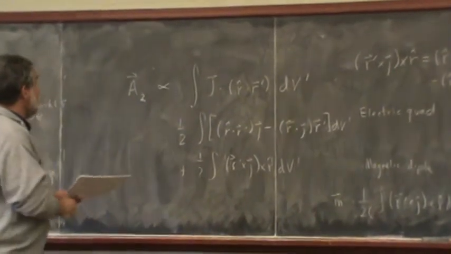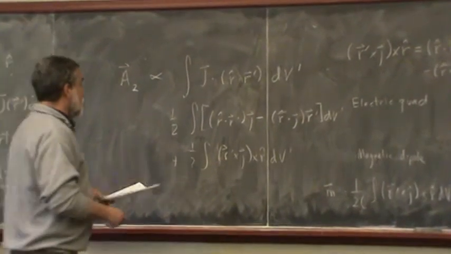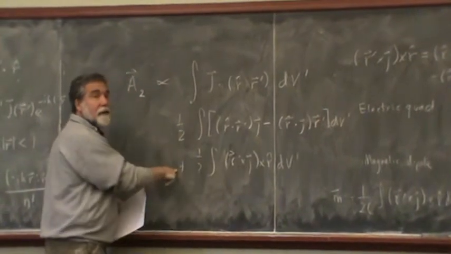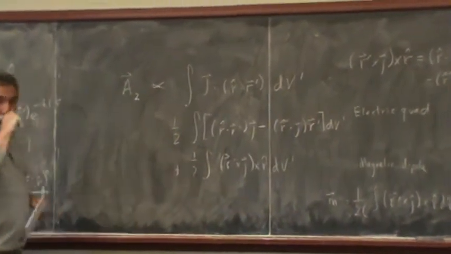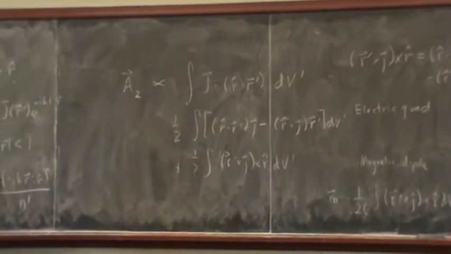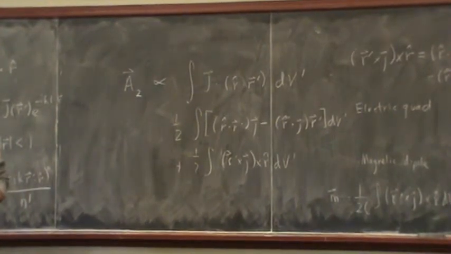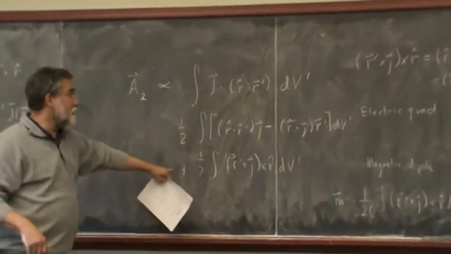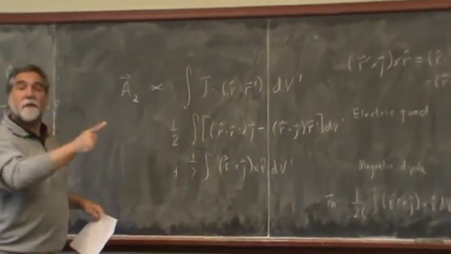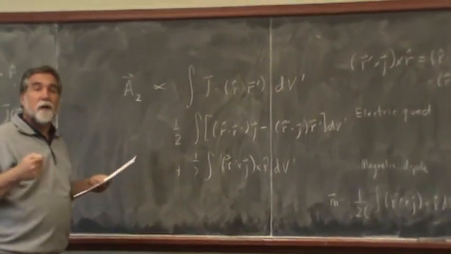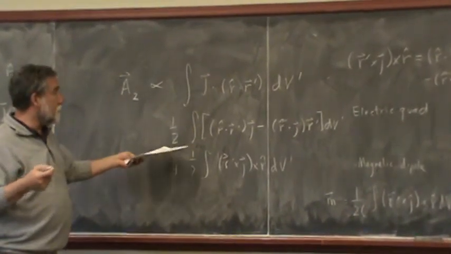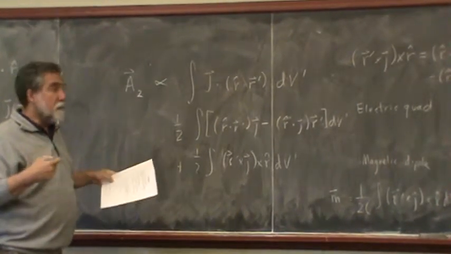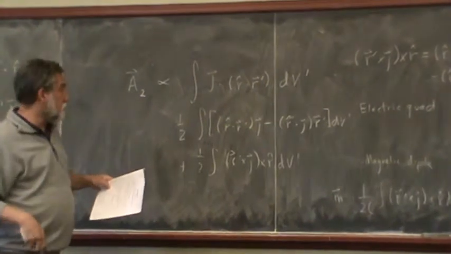So now I've got two possible terms here, magnetic dipole and electric quadrupole. They both drop off with the same R dependence, right? But if I have only a current circulating, I'm not moving charge around. The charge is constant, right? I just have current going around, right?